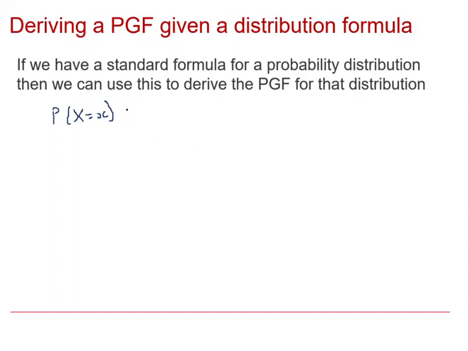For example, for a binomial distribution, that probability would be nCx p to the x (1 minus p) to the n minus x. So that's looking at x following a binomial distribution with parameters n and p. And we'll use the binomial as an example to work through on the next slide.